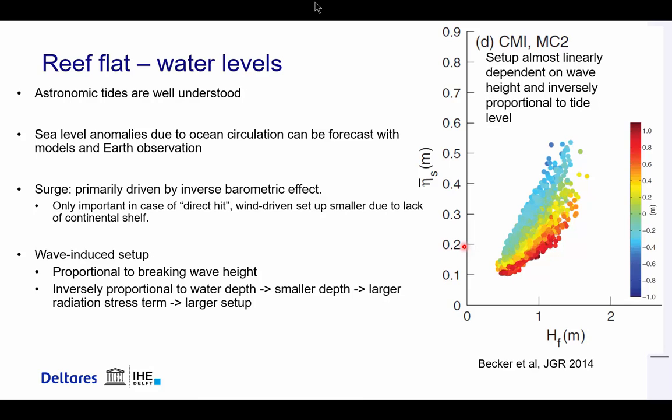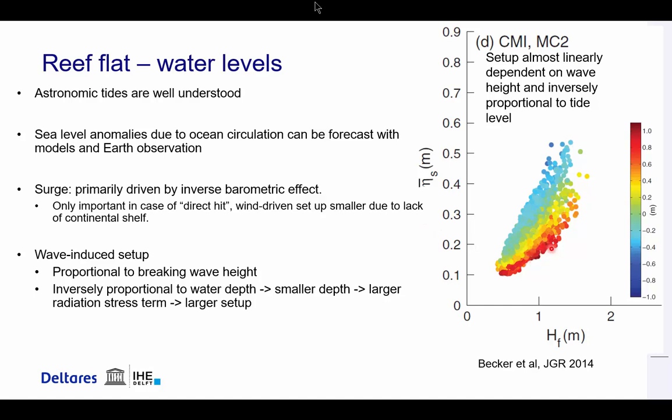And the wave-induced setup has been found to be proportional to the breaking wave height, as is illustrated here on the right. The higher the breaking wave height, HF, the higher the mean water level. And this is a paper from Janet Becker of 2014. You also see that it's inversely proportional to the water depth.